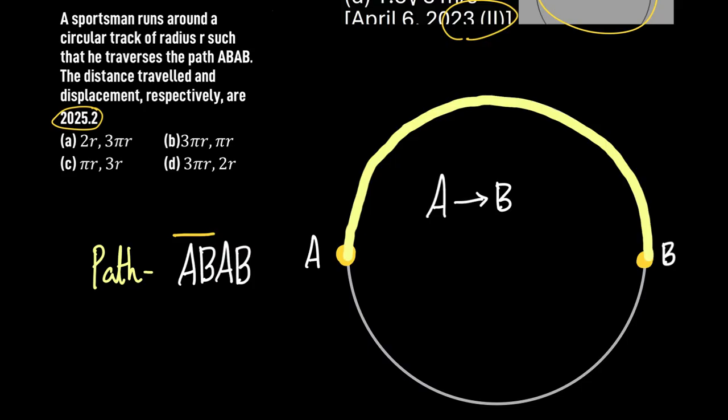So yes, learning the concept is important, no doubt about it. But what's even more important is to learn where to apply it, not just to apply it. Now, where are we applying it? We are applying it only in previous year questions.